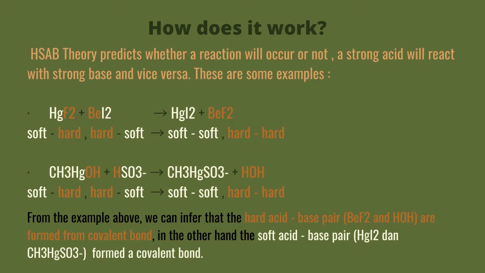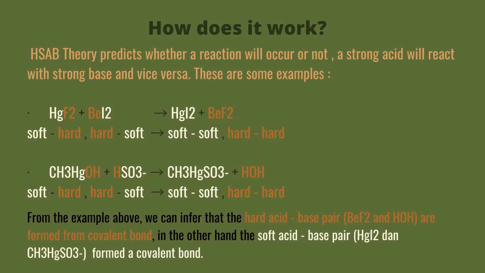Next one is methylmercury hydroxide plus hydrogen sulfide. The result is methylmercury sulfide plus water. This also follows the principle, as we know. The methylmercury is a soft acid and the hydroxide is a hard base.